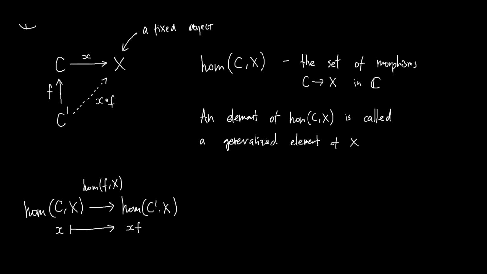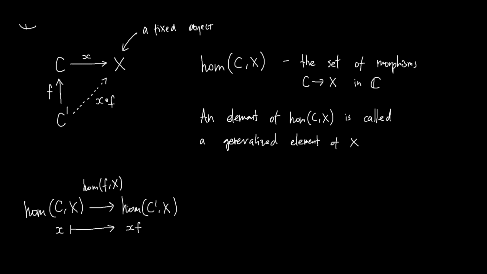So if now I want to formalize this idea, what kind of mathematical structure do we get out of this? The answer to that question is that we actually get a functor. Because you see, we've described what to do with every object C. We say that we take a set and associate it to every object C. And we've also described what to do with every morphism f.